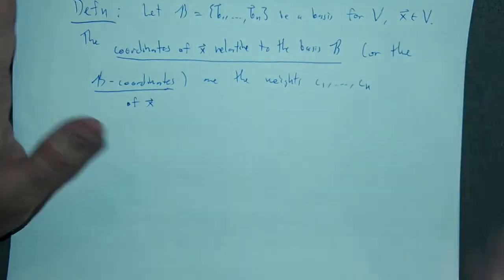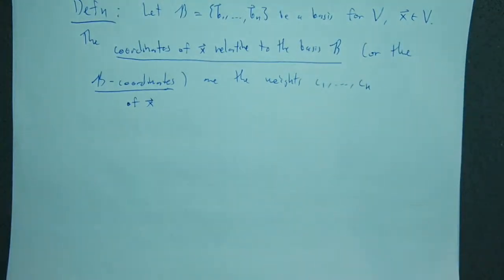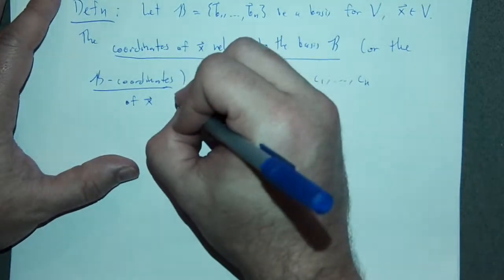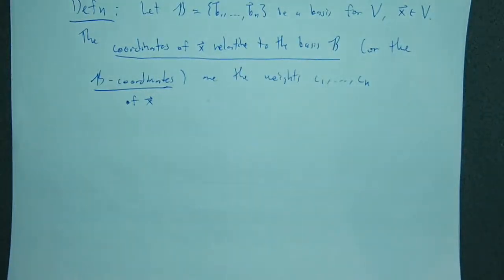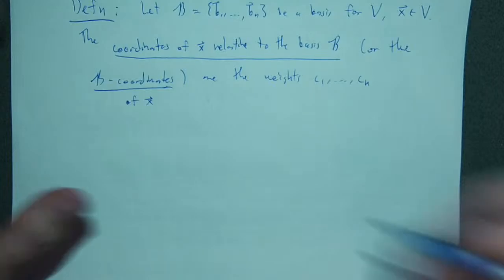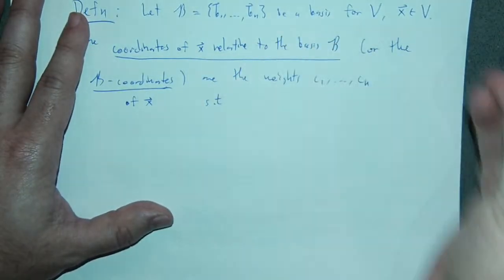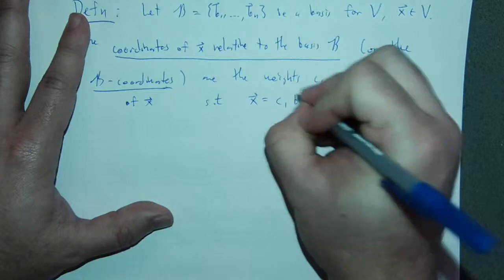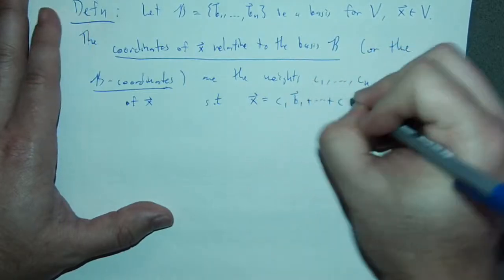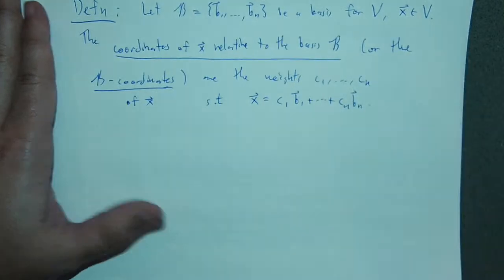It's that unique set of scalars you get by the unique representation theorem, such that x is equal to c1 b1 and so on, all the way up to cn bn.